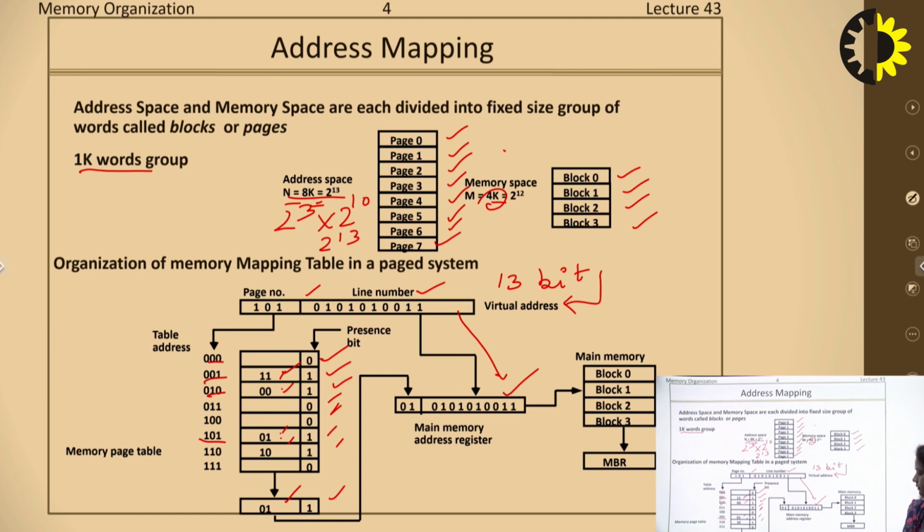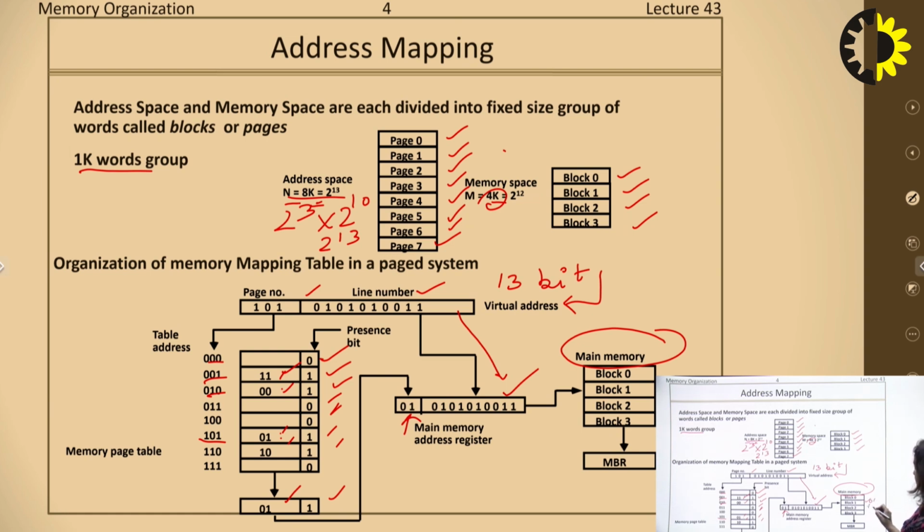Now from here we will go to main memory, where we will search for block 01. This is the location of the block that the page is going to be mapped to in main memory. So 01 is the page number, block number 1 in the main memory, as block 1 has a binary value of 01.